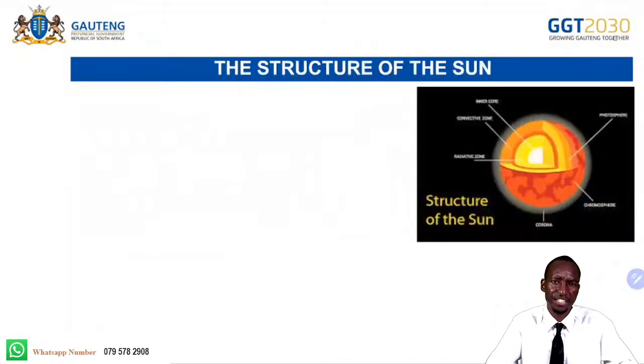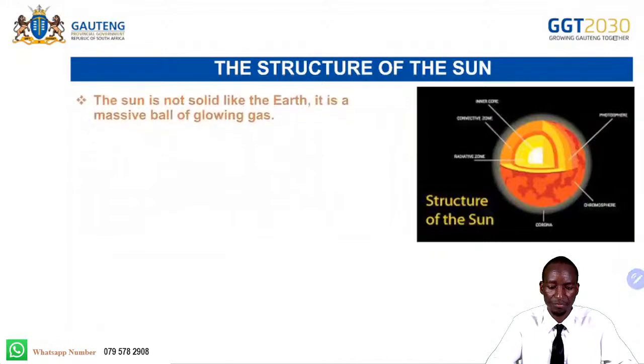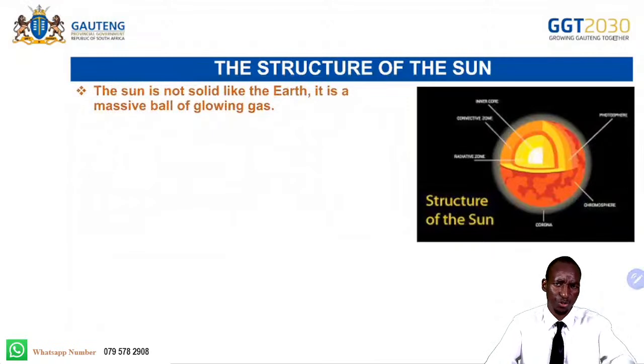Right, let's go in detail as we look at the structure of the sun. The sun is not solid like the earth, but it is a massive ball of glowing gases. If you look at the core of that diagram there, there is a burning taking place. At the center of it, that's where we've got that huge burning taking place, whereby a lot of heat is being released.